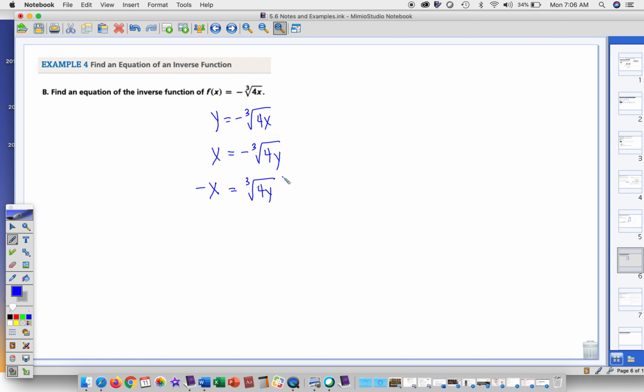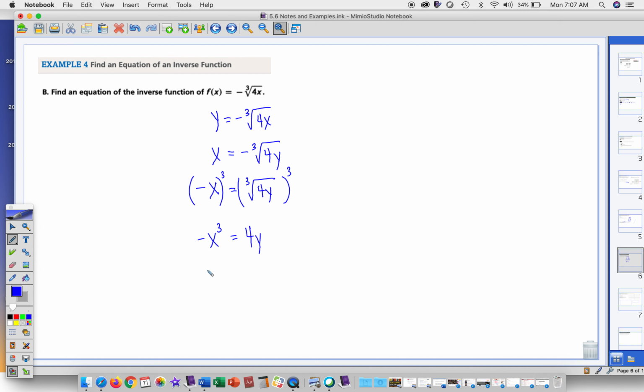And now I'm going to cube both sides. Okay, so cubing this, it stays negative. I have negative x cubed. And on this side, cubing undoes the cube root. So I have 4y.